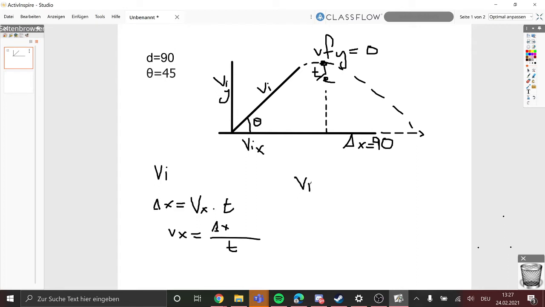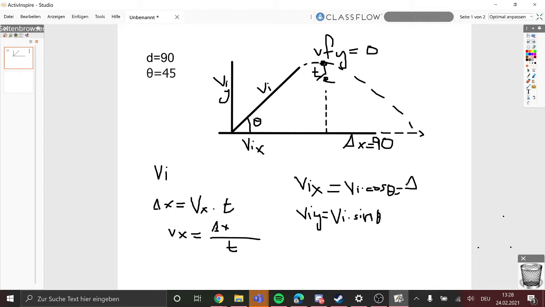So we can denote Vi of x as Vi times cosine theta, and similarly Vi of y as Vi times sine theta. Since Vi of x is equal to delta x over t, this is also equal to Vi times cosine theta.